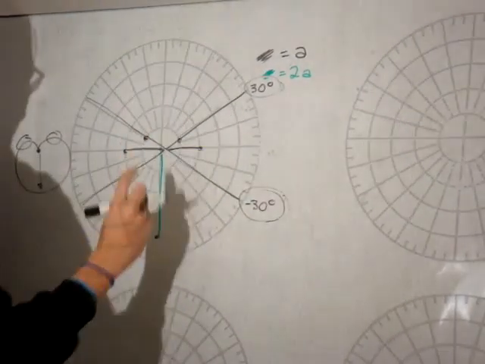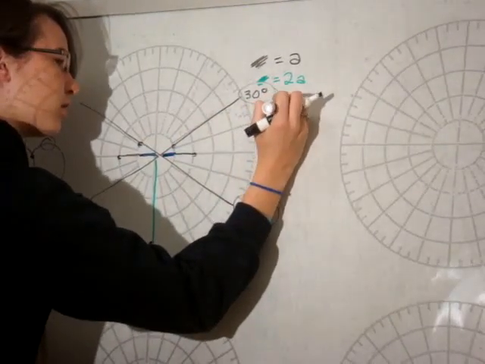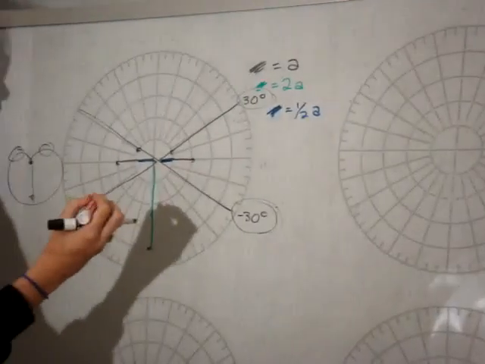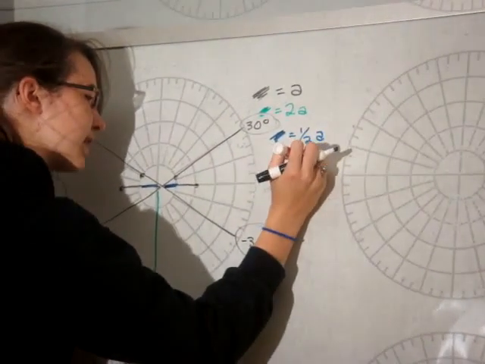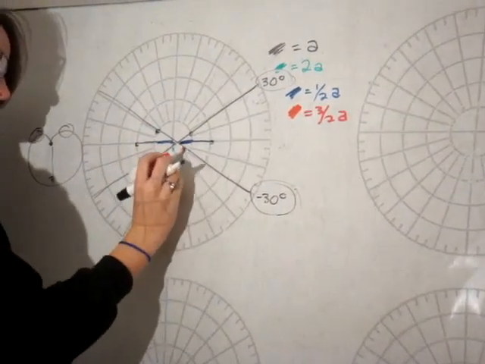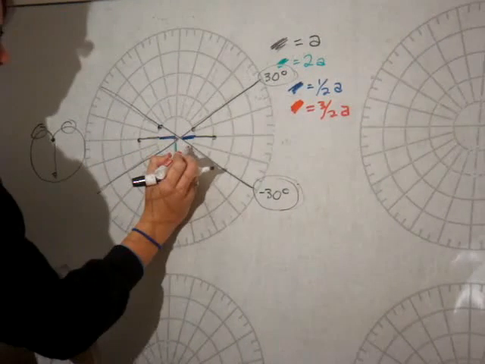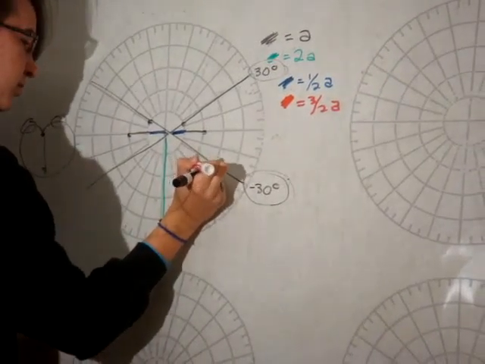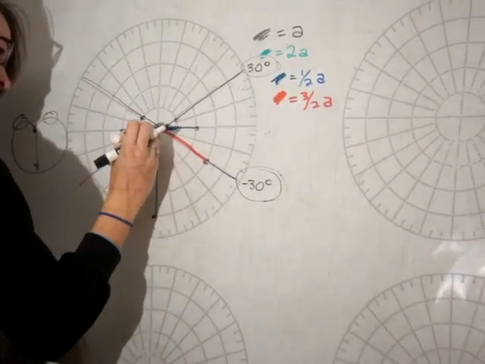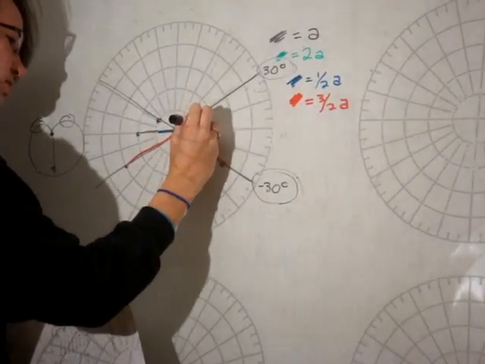And so this distance is always half A. And then the last distance we're using is 3/2 A. We go from this origin, we always start at the center, we go 3/2 A out down the 30 and negative 30 lines. So 3/2 times 2 is 3. So we're going to go 1, 2, 3. This distance is 3/2 A. And then we just connect all the points.